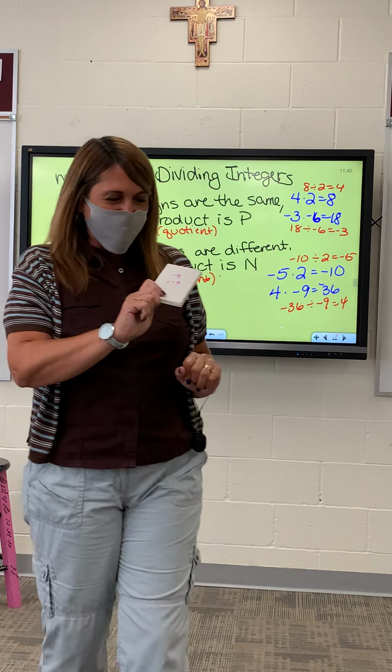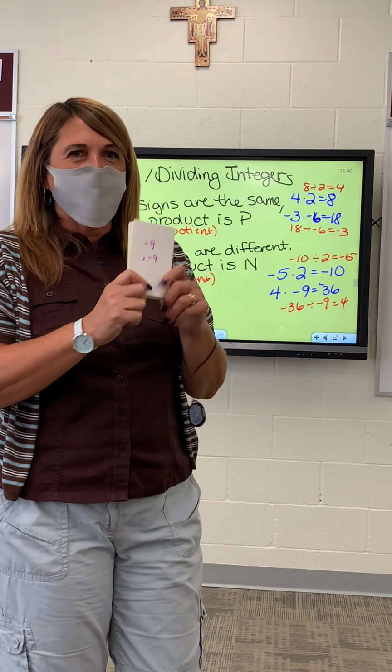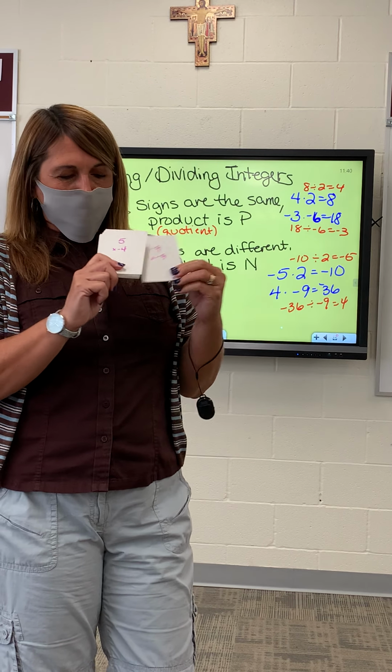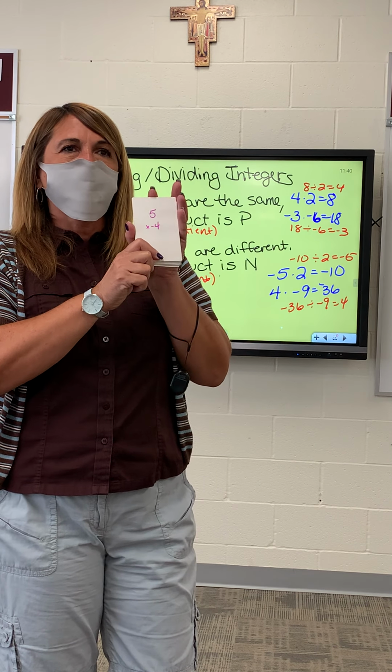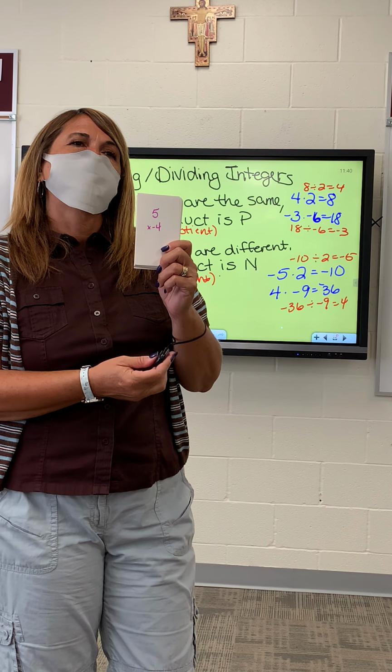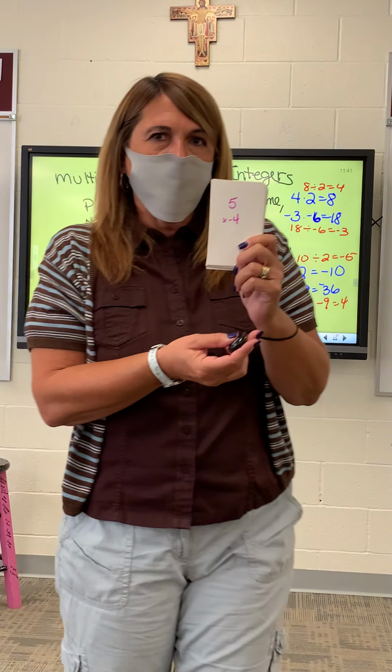Okay, now try this again. It's 81. Negative 9 times negative 9 is 81. Mark, 5 times negative 4. Negative 20. Negative 20 is right. 5 times negative 4 is negative 20.